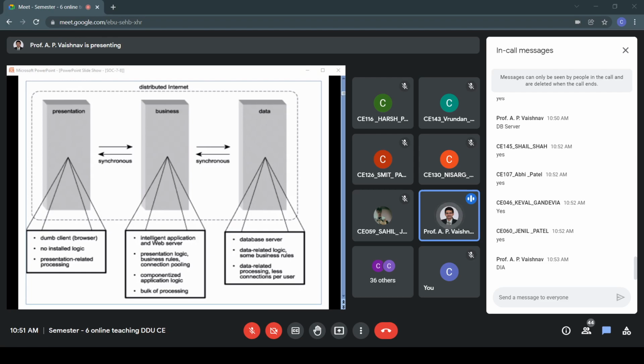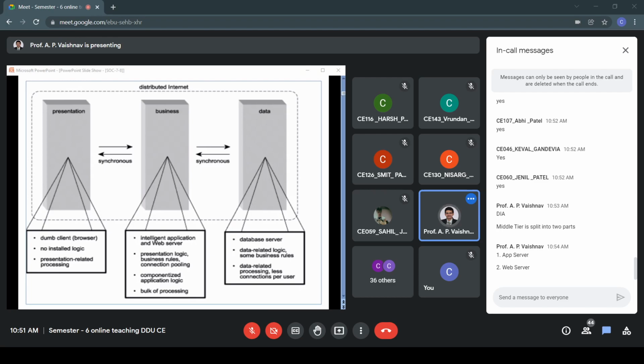Ultimately, whatever components you have will be hosted on the web. That is why the middle tier is a combination of two types of servers, an app server and a web server. Obviously, there is a lot of processing in the middle tier. On the right hand side, we just have data logic, so database related processing and data related logic.